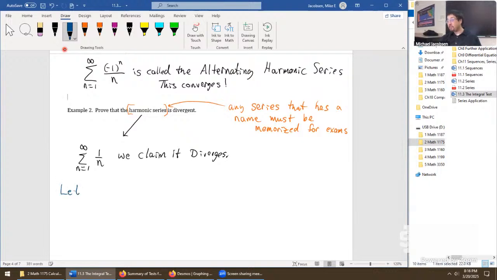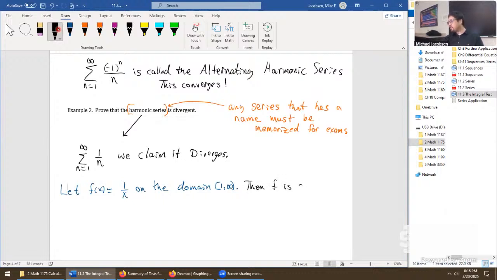We begin by defining a function. Let f of x be equal to 1 over x on the domain from 1 to infinity. You usually don't want to put a bracket on infinity. Let me fix that. Now our assumptions are that we have to check.